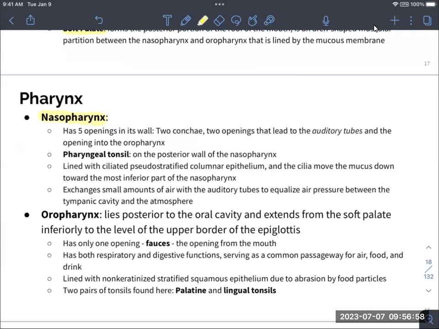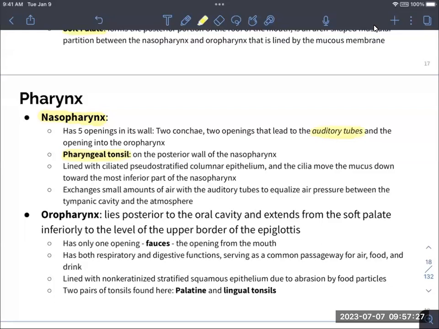This nasopharynx has a bunch of different openings in it. Your auditory tubes, or those eustachian tubes from the middle ear, will open into that nasopharynx. We have our pharyngeal tonsils that actually sit in that back nasal pharynx.